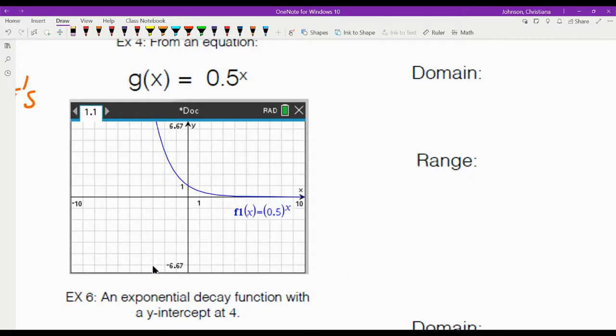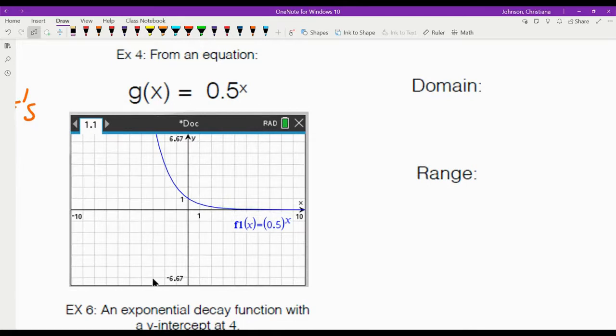All right, our next example gave us just an equation, so I used the TI-Nspire to graph the picture. Because it is an exponential, we know that the domain is all real numbers. If you're looking at your calculator, if the graph goes off the screen, it is arrow to arrow. So for range, we need to see, where does it look like this graph seems to be falling to and touching but not falling below? And that's going to give us our clue to where our asymptote is. So our asymptote in this case is at y equals 0.